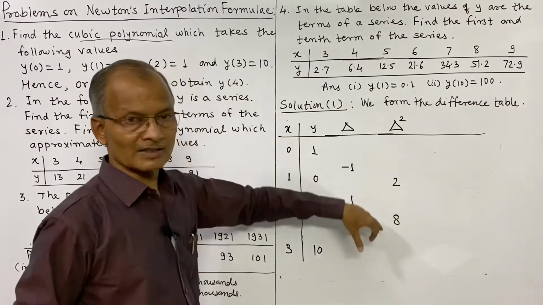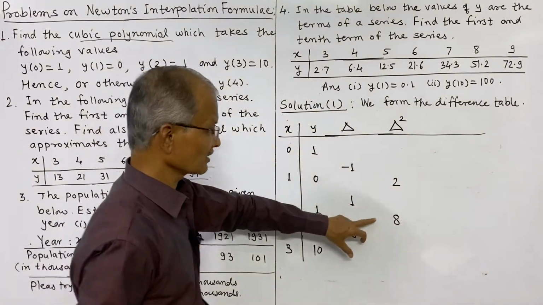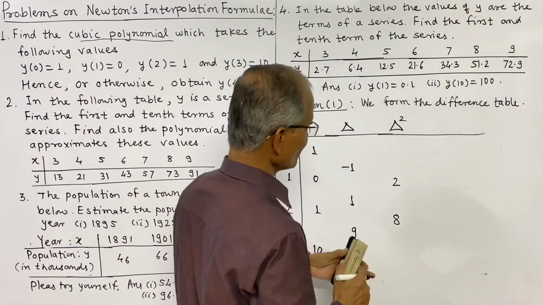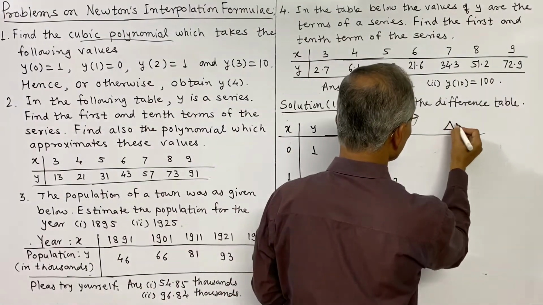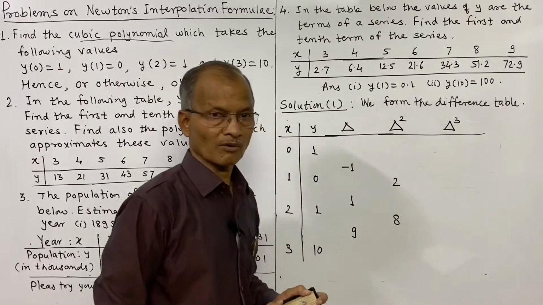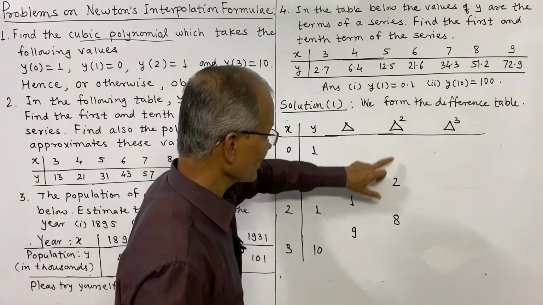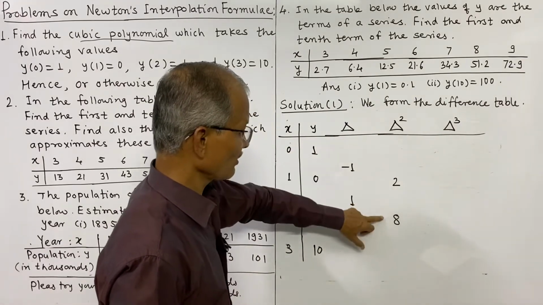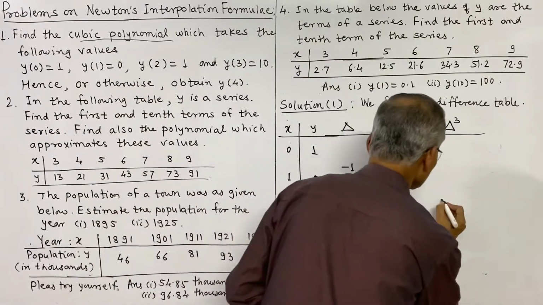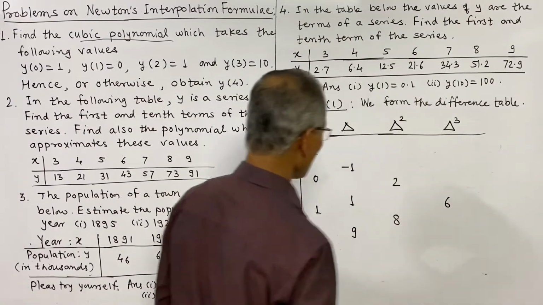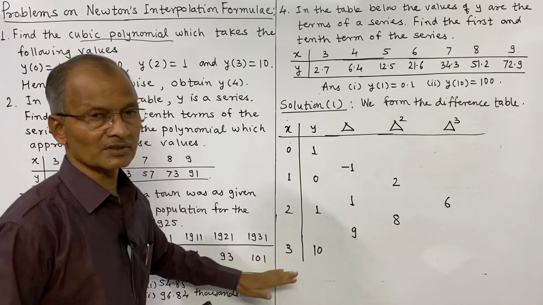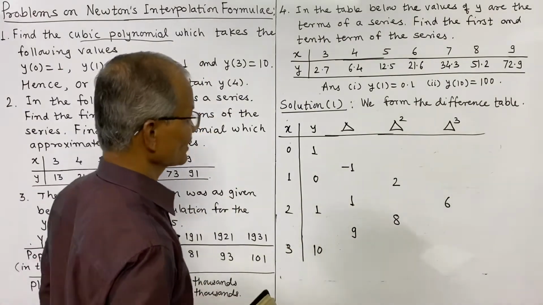This is delta square, the second forward difference. Next is delta cube. The third forward difference is obtained by taking the difference of the second forward differences, 8 minus 2, which is 6. Thus we have obtained the difference table for the first problem.